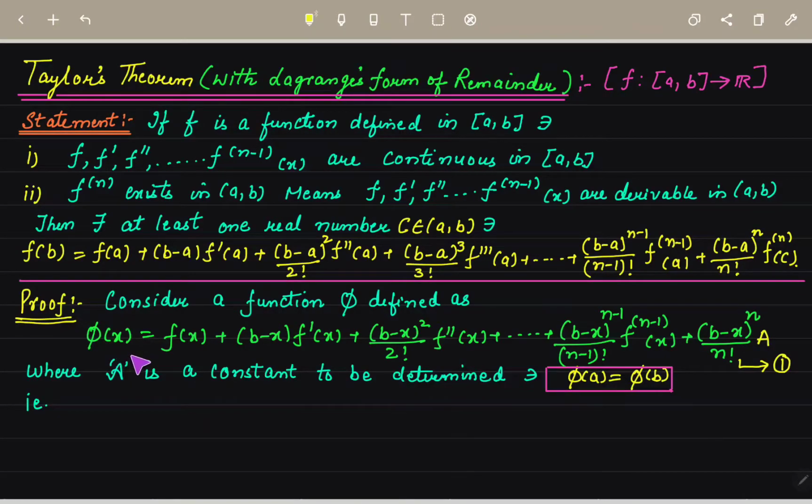We will consider a function, and this function is similar to the function as defined in the statement.